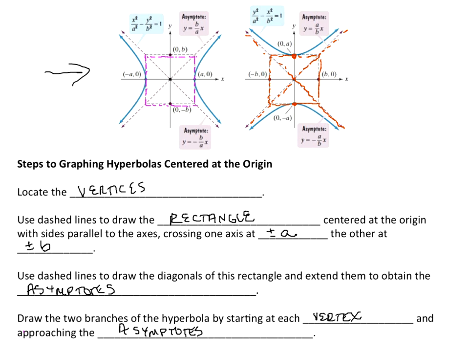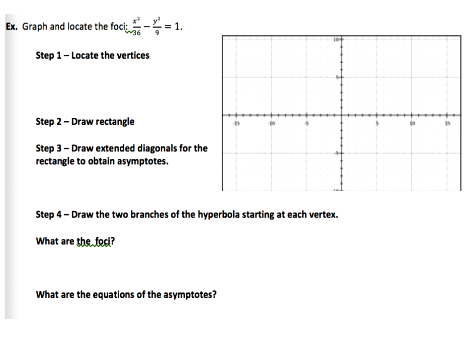And then once you get that, you'll start at the vertex and draw that hyperbola as it approaches the asymptotes both ways, and then both sides. Okay, so we'll go through this process now, and hopefully everything will be clear as mud.